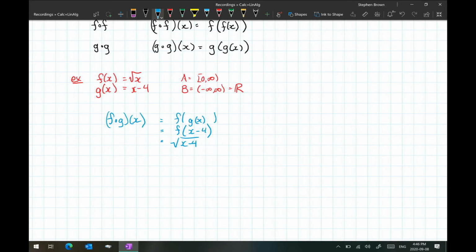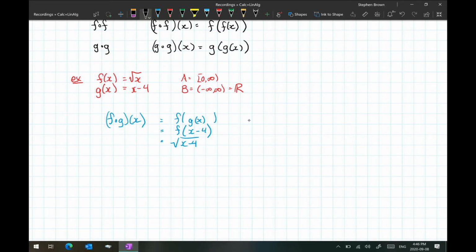Now remember, for the domain, we can choose any number we like to plug in for x, as long as we're looking at the function g of x on its own. X minus 4 has a domain of all real numbers. But now that we've got the function f applied to that, we have to make sure that x minus 4 is greater than or equal to 0.